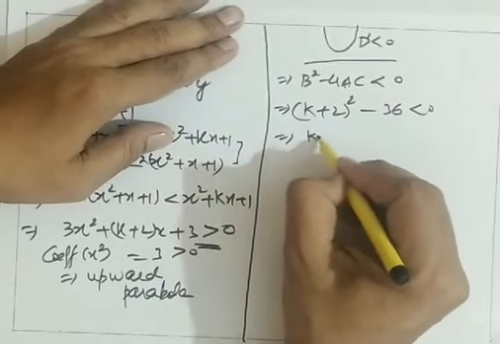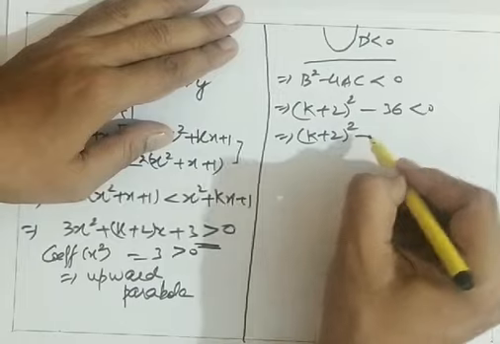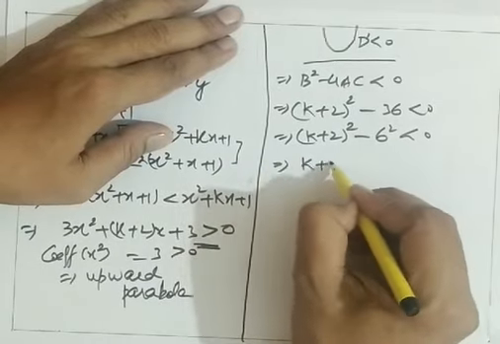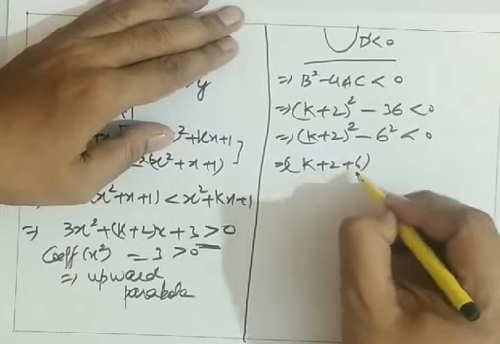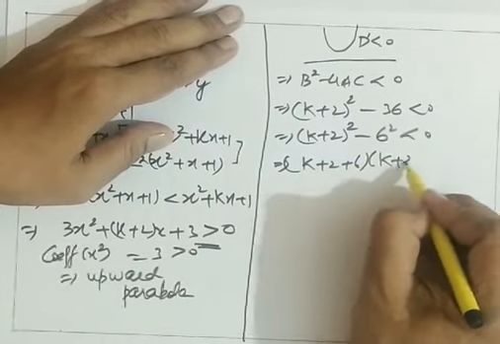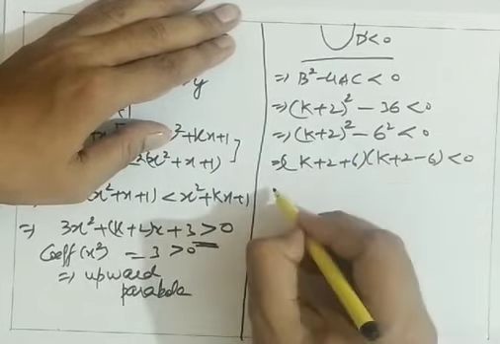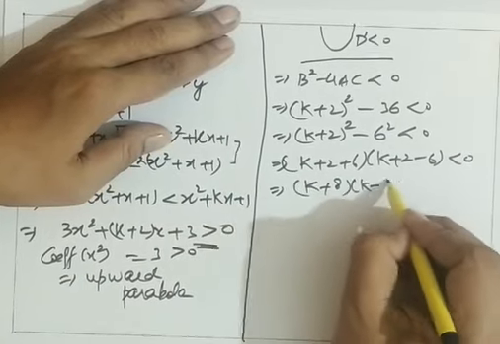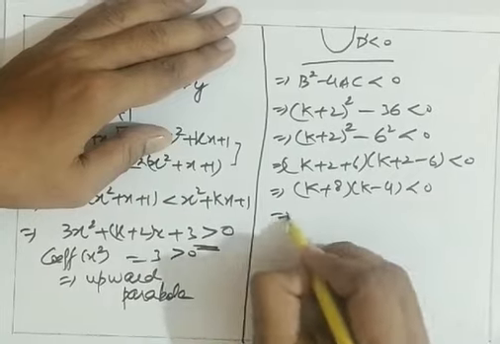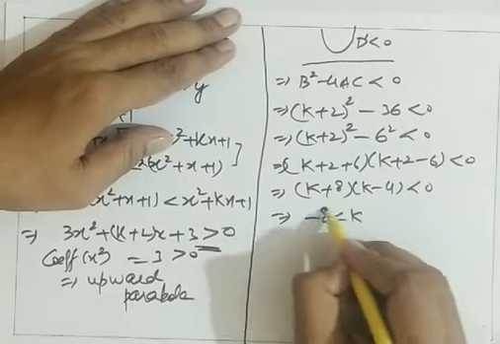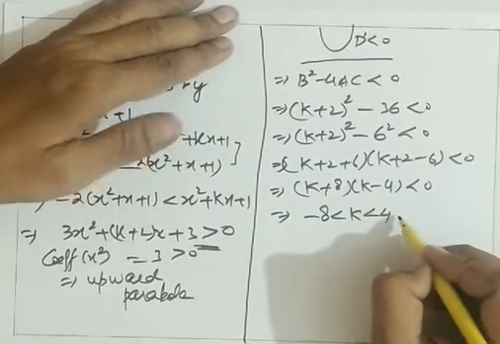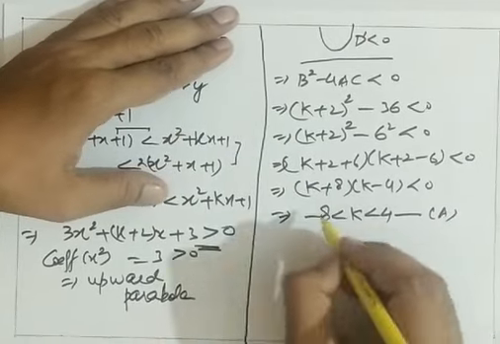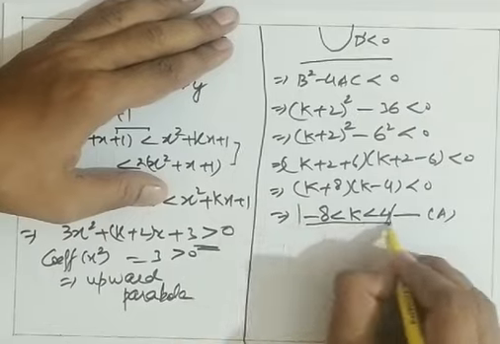So (k plus 2) whole square minus 6 square is less than 0. Factorizing, (k plus 2 plus 6) into (k plus 2 minus 6) should be less than 0. So (k plus 8) into (k minus 4) should be less than 0. So k should be between minus 8 and 4. This is the answer for the first inequality. Now let's solve the second inequality.